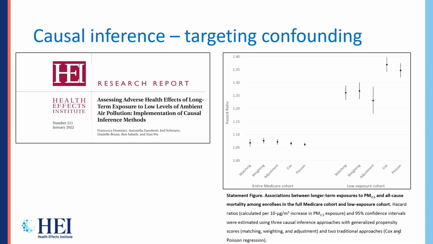And the reassuring finding in all cases was the consistency of the association under the application of any of these methods. The researchers point out in the report that in case the assumptions are valid, traditional methods may still provide robust results.